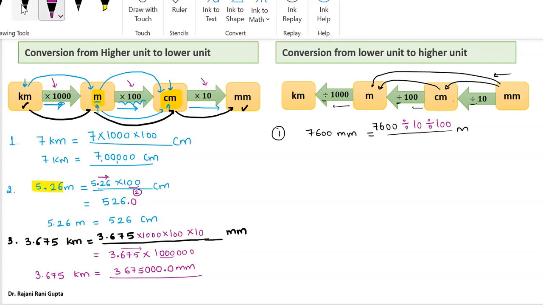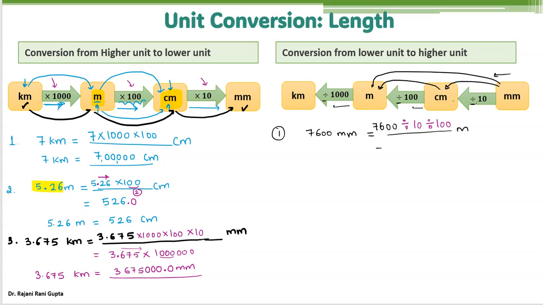So when we write, we can write it as 7600. Divide means the term comes in the denominator 1, and how many zeros are there? 1, 2, 3. So we can cancel the zeros. So we get 76 over 10. Now in this case, when you have division by 10 or 100 or thousands of any number, you move the decimal from right to left.